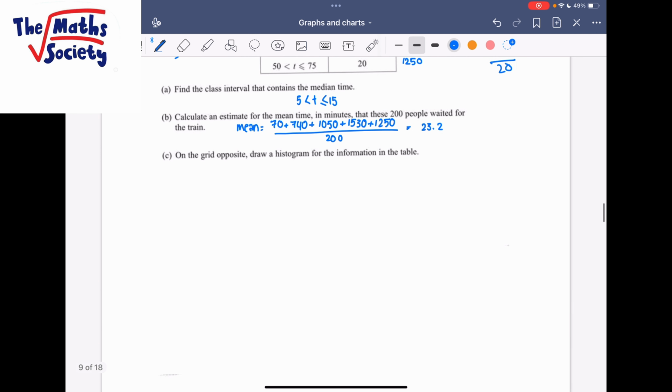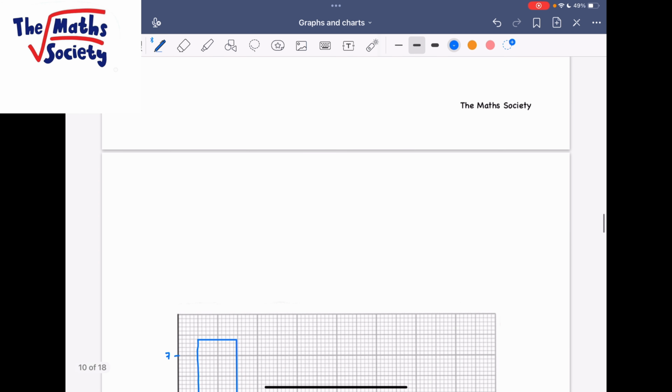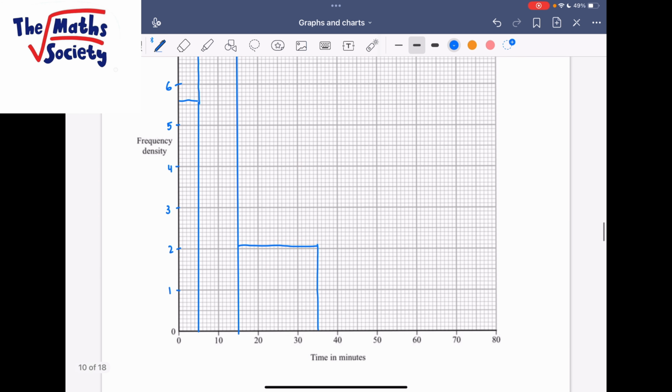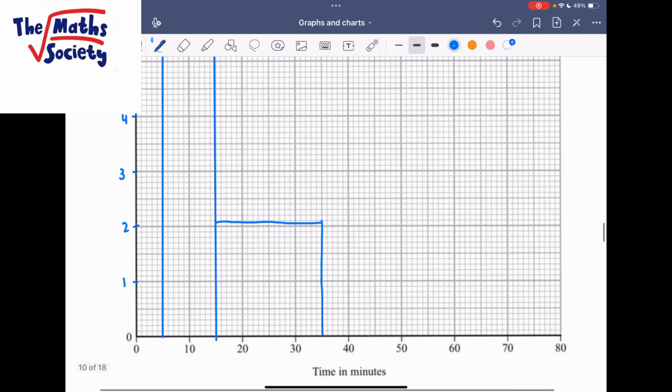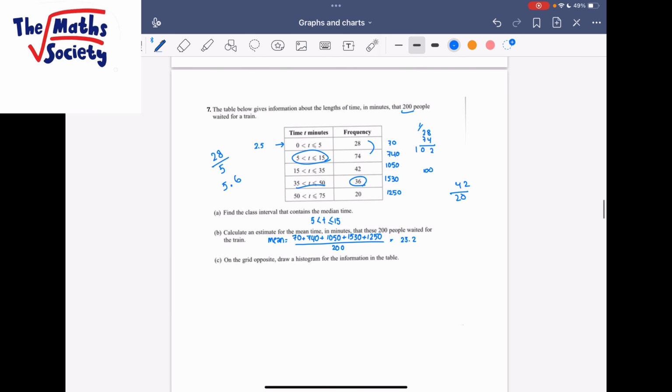And then another interval was 35 to 50 with 36. So that's going to give you a frequency density of 2.4. So that's up to 50 over 2.4. Should be just right here. And then the last one is 50 to 75 with 25.